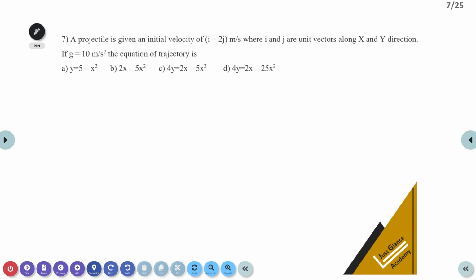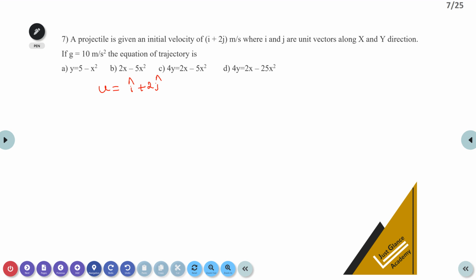Next, 7th one. A projectile is given with an initial velocity U equal to I plus 2J. Here you see, I means the X component and J means the Y component.